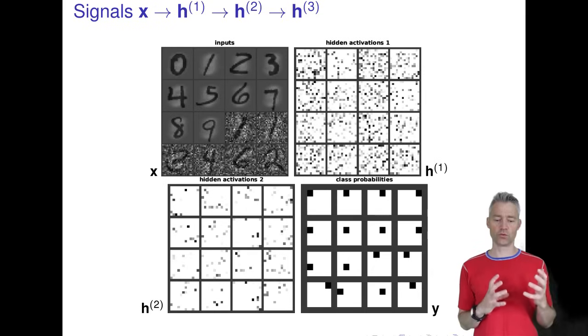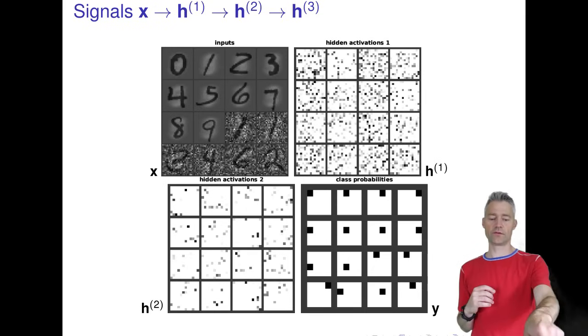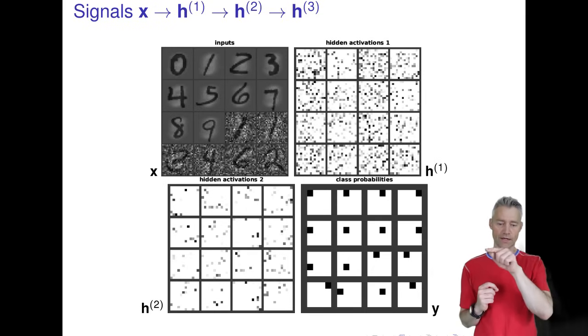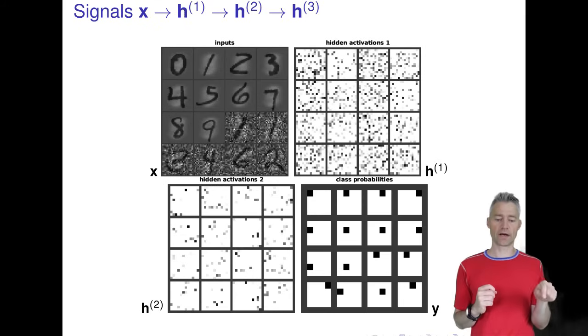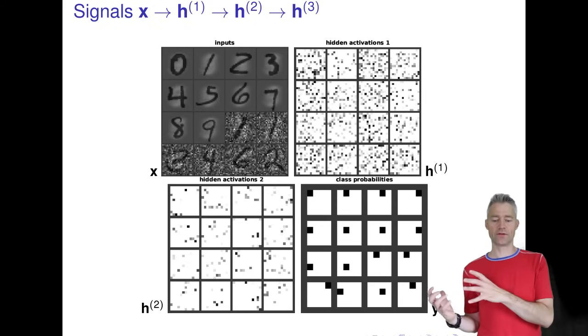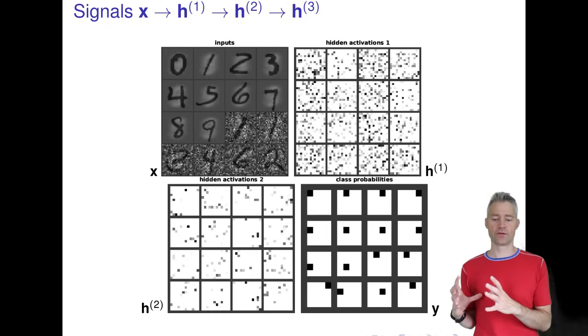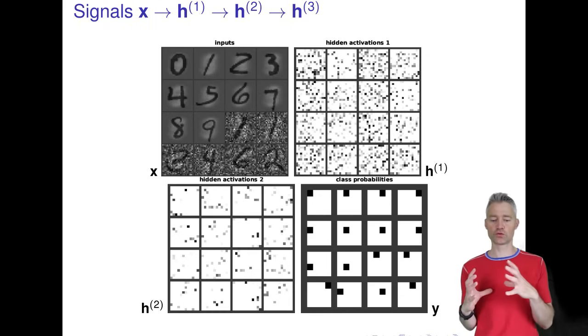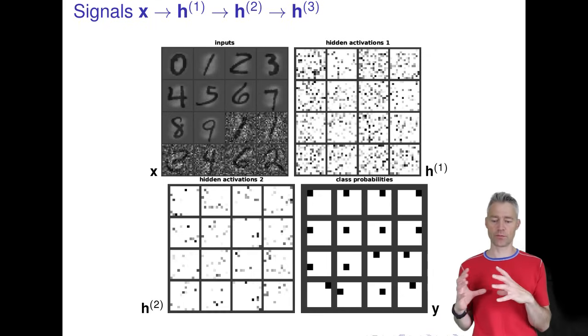And then in the end you can see the class probabilities laid out from 0 to 9, and you can see that for these 16 examples, the model actually predicts the right class. So the activations close to the output should of course be similar if we insert the same input.